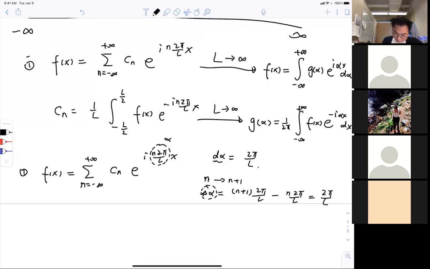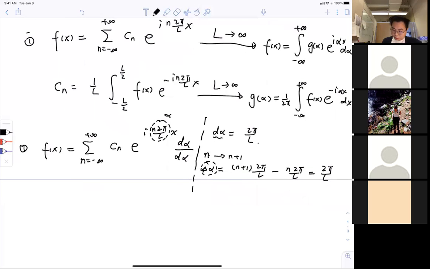So to make this guy become an integral, we want d alpha here, but to make this guy invariant, we also want to divide by d alpha, right? D alpha is 1, so it's an equality, and Cn and exponential i alpha x.